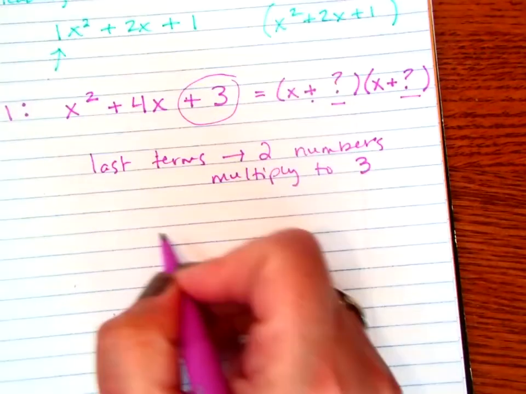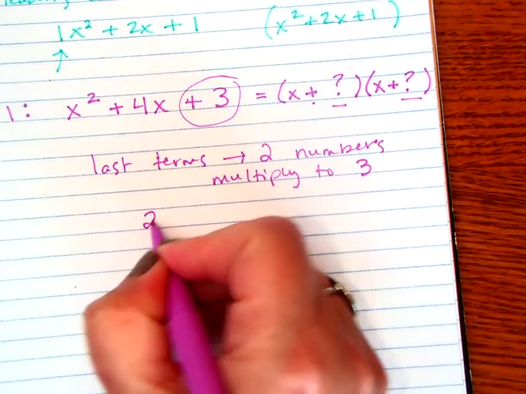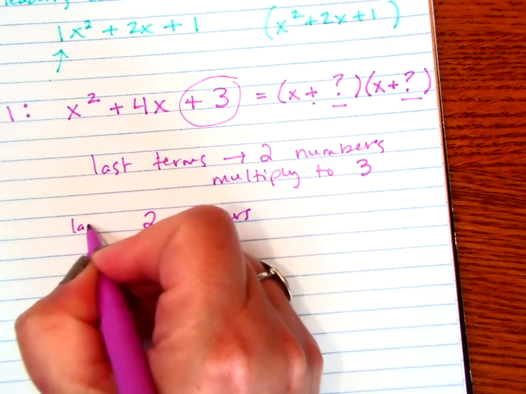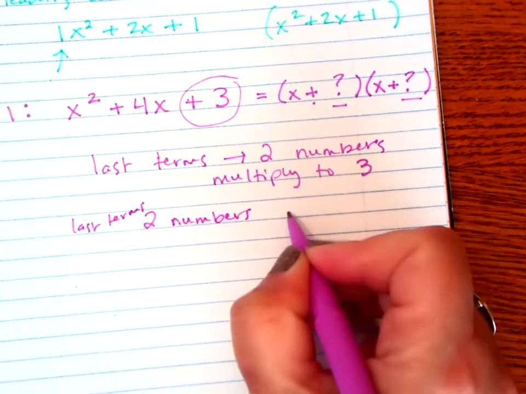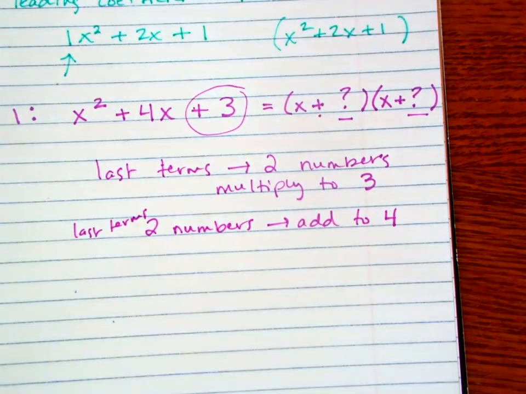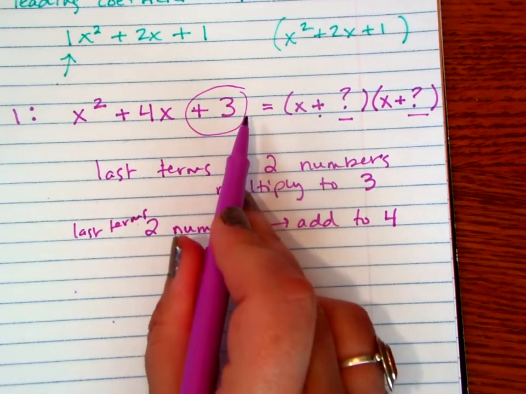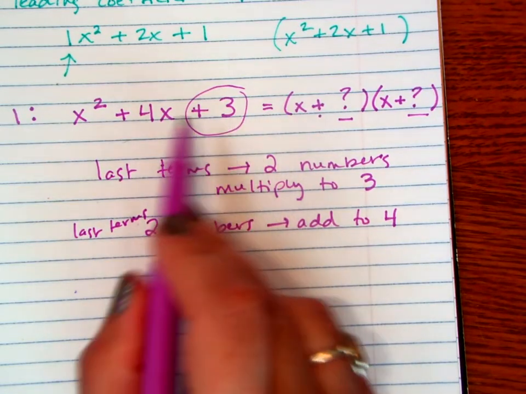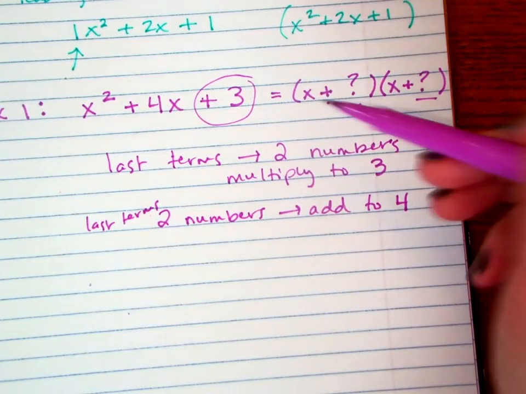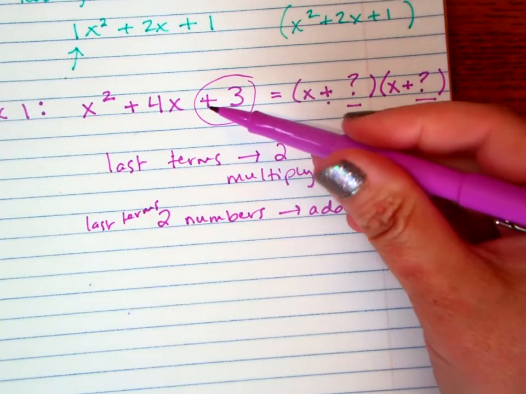So in our example, the same two numbers, which are those last terms, will add to 4. I don't like to say add to the middle term and multiply the last term, but if you keep them in this order, that would be correct. So I'm looking for two numbers that will multiply to 3 and will add to 4.